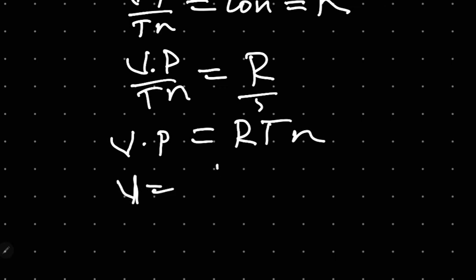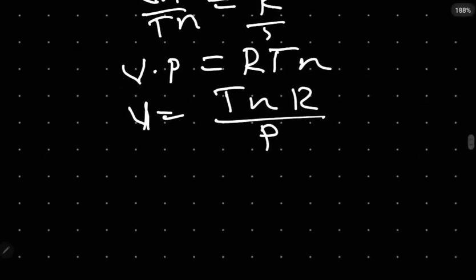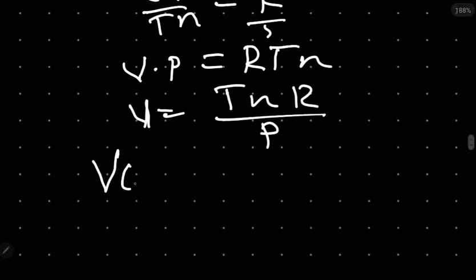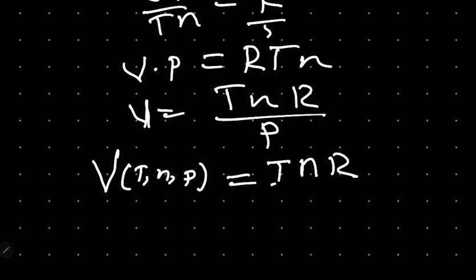Volume is equal to temperature times number of moles times the universal gas constant divided by P. Now look, the volume of a gas is a function of temperature, number of moles, and pressure, and it changes with these three variables, equal to temperature times number of moles times the universal gas constant divided by P.